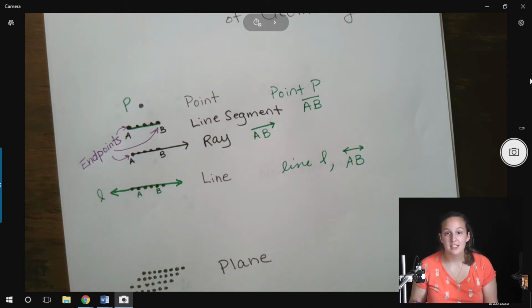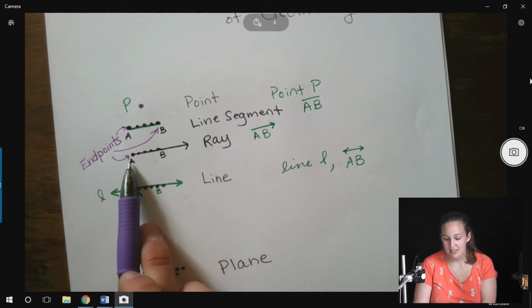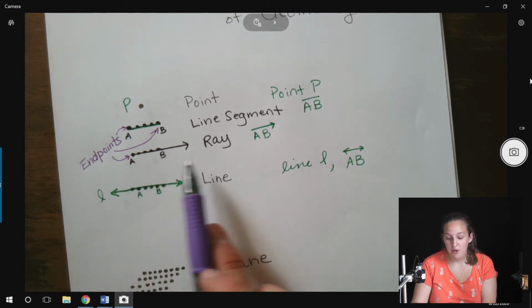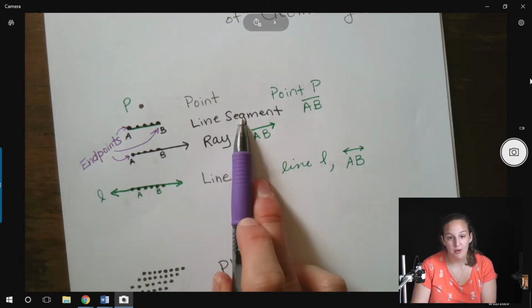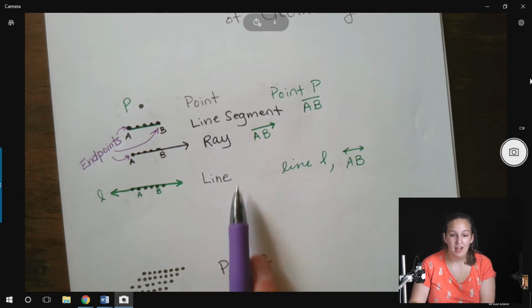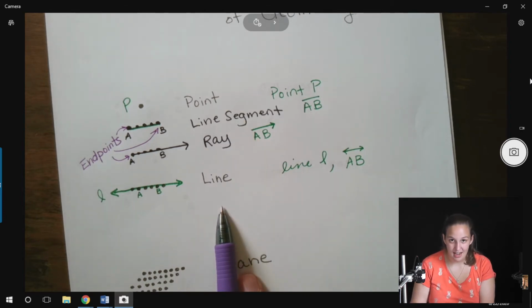They're called endpoints because you don't want to look past that. It's stopped there. It's the point that it ends on. All right? So these are all called endpoints. If you have one endpoint, it's a ray. If you have 2 endpoints, it's a line segment. If you have 0 endpoints, it's a line.